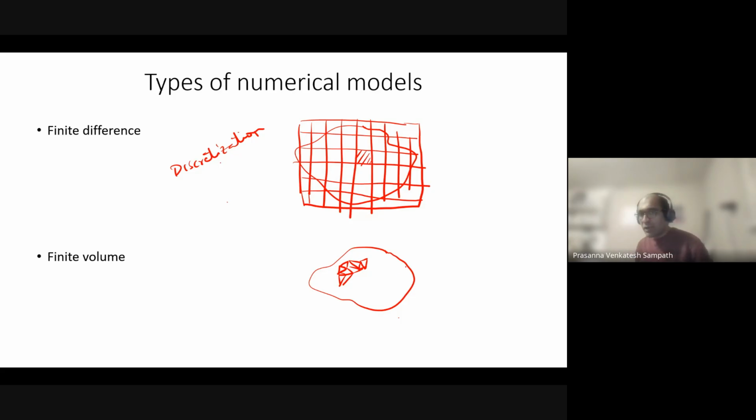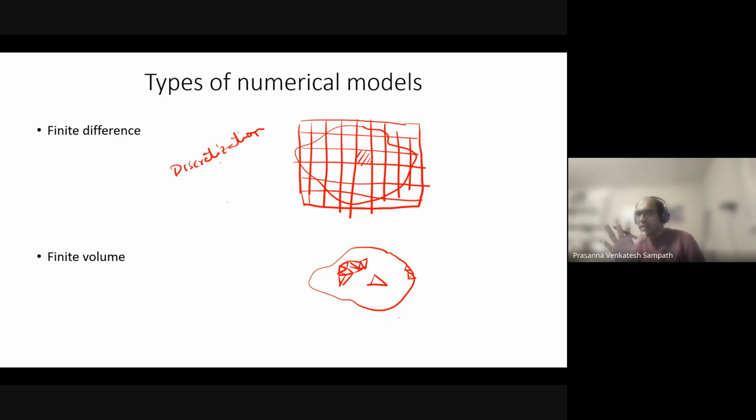In this corner, I may need small triangles, so I may do that. Whereas over here, I can use a bigger triangle. Again, I'm not saying this is necessary all the time. Even in finite difference, I can have smaller boxes, bigger boxes, and so on. But generally speaking, when I have finite difference, most of the time, all the boxes are of the same size.